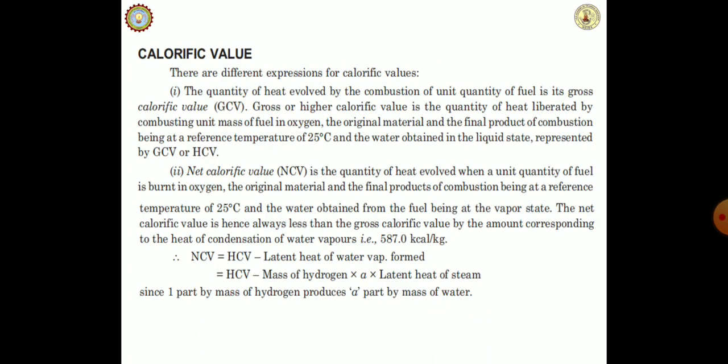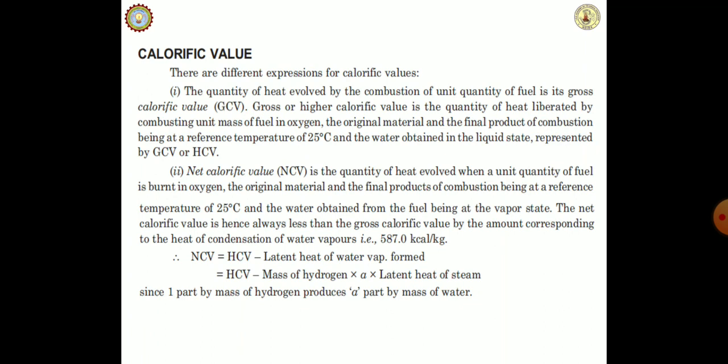Next, one of the important topics is calorific value. The fuel's characteristics can be assessed by its calorific value. First, what is calorific value? There are different expressions for calorific value.